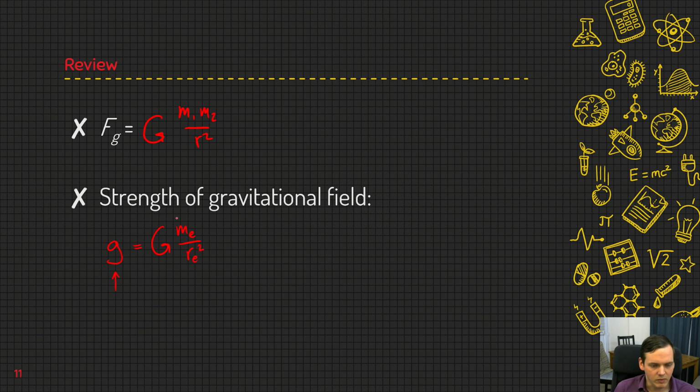So if we were talking about Earth, it's G times m_E over r squared, because then if you wanted to find how strong gravity is on a specific object, you would just multiply by the missing m here. But that's just a side note: if we talk about strength of gravitational field, we're really talking about this g, or the acceleration due to gravity.